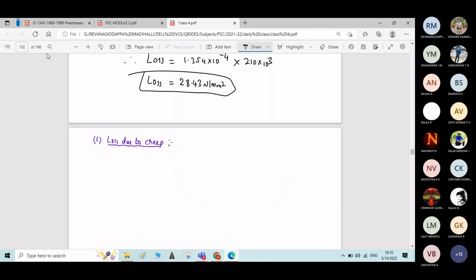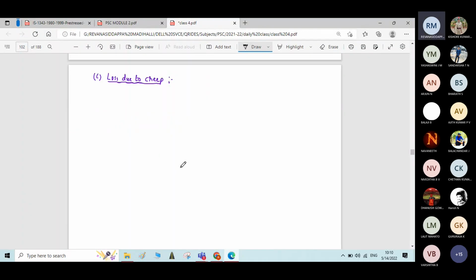Now, loss due to creep is given by using creep coefficient. The formula is pi into FC into M, correct?